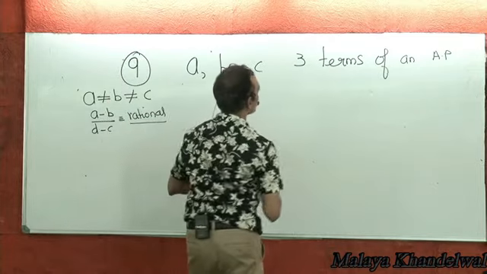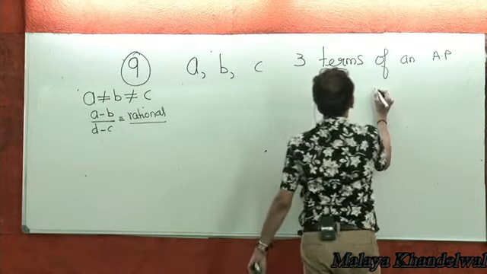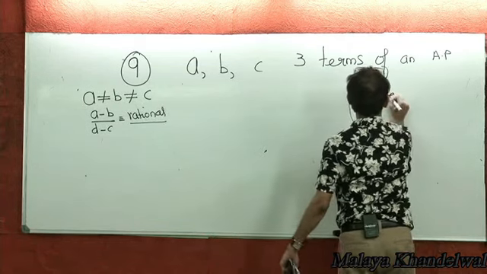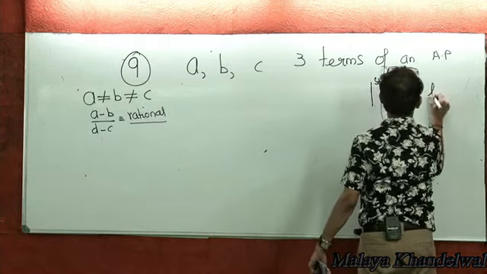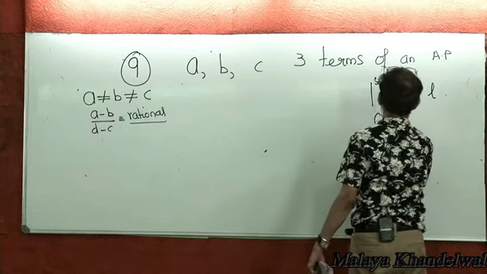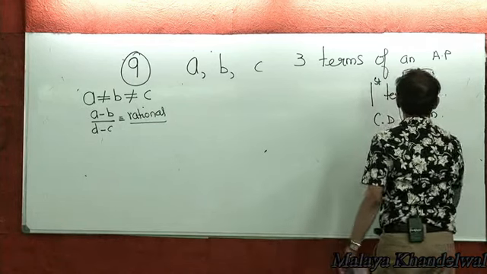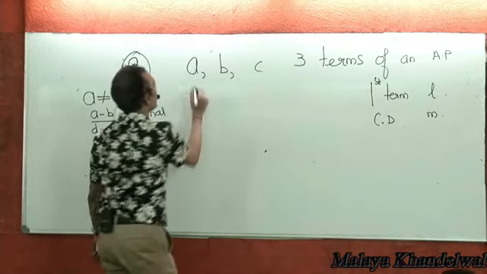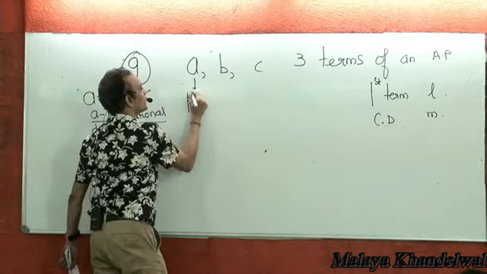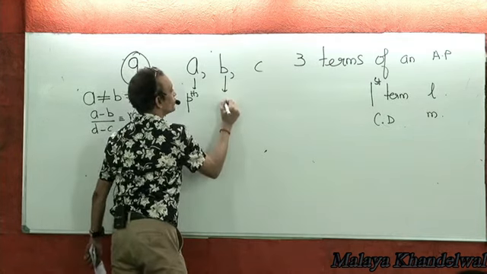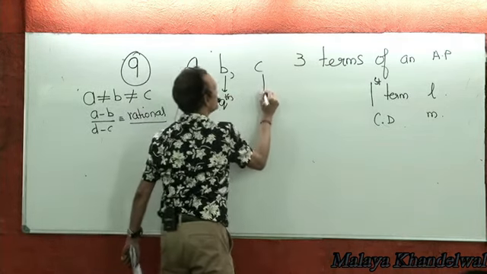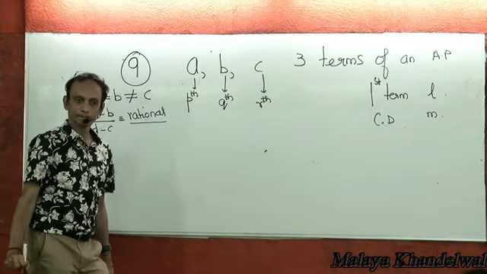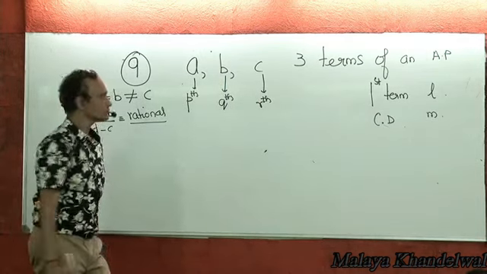Okay. So then the AP that I'm talking of, let's say that AP has its first term L and common difference M. Say A is the pth term of the AP, B is the qth term of the AP, and C is the rth term of the AP. Clear?